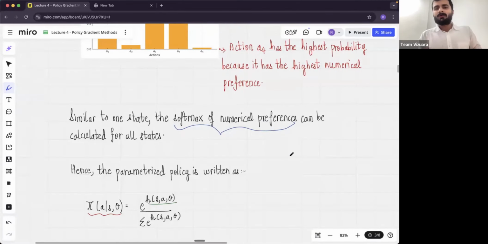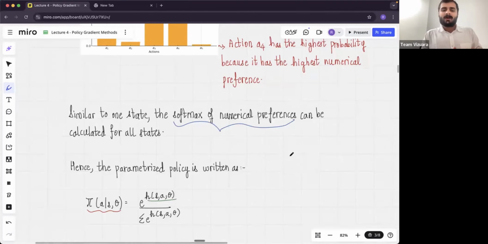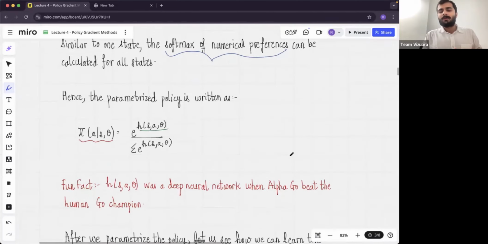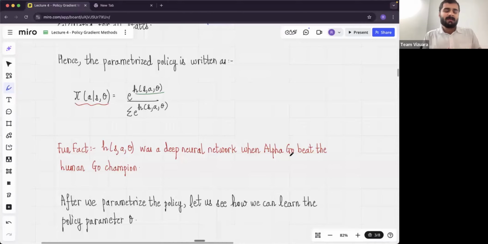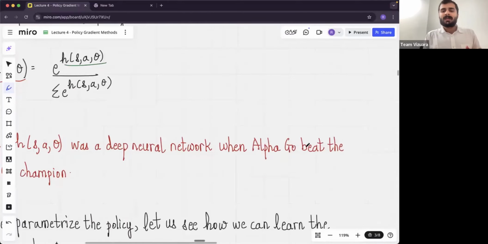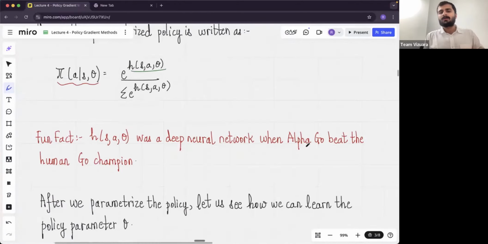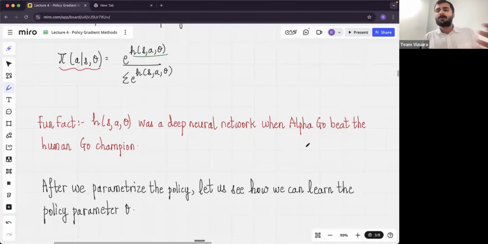Okay, so now we want to calculate this policy. The main question is, how do we find this kind of a policy? How do we find a policy parameter which can give me the best possible policy so that I maximize my reward? And this is the same question which researchers faced in the late 80s, early 90s, where the policy gradient field was still at a nascent stage.